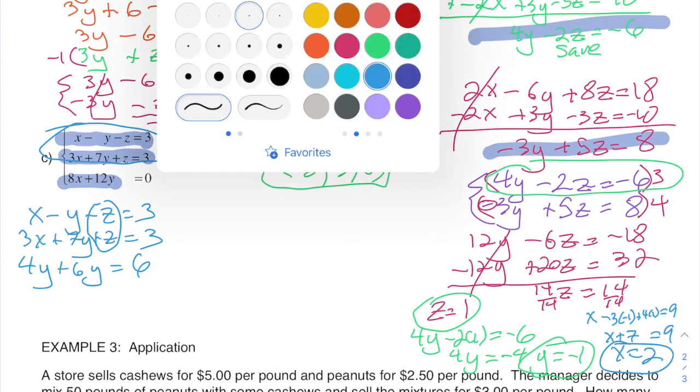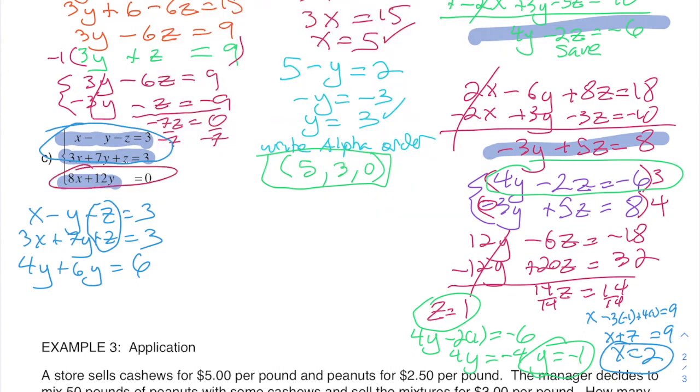And using this one here, I get 8x plus 12y is equal to 0. And we could create opposites pretty easily. Sorry, this should be an x. So let's create opposites by multiplying the top by negative 2.